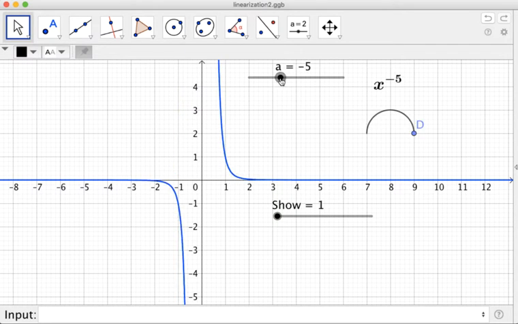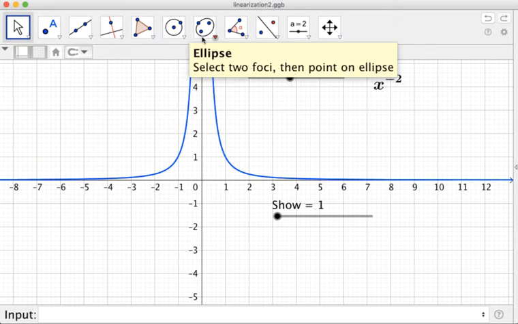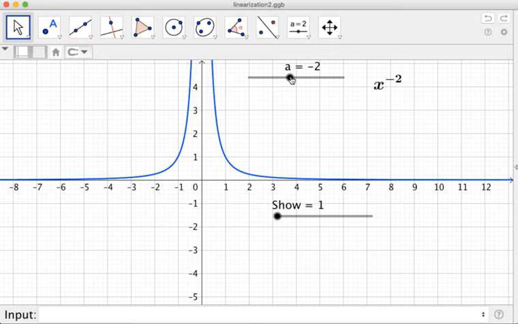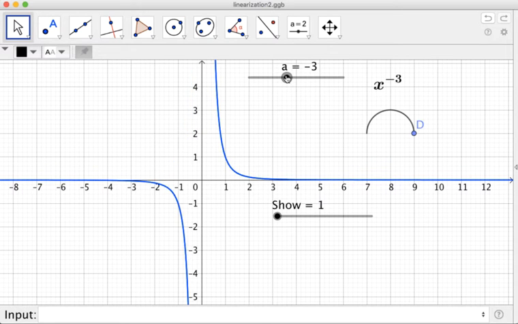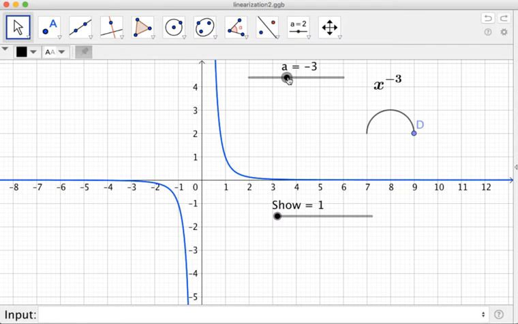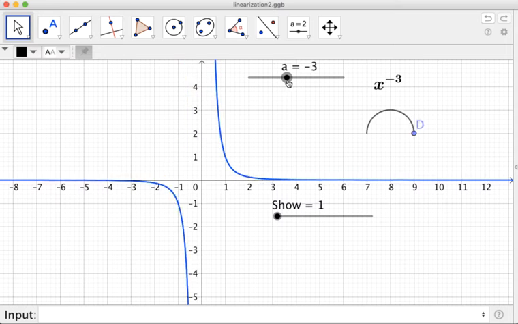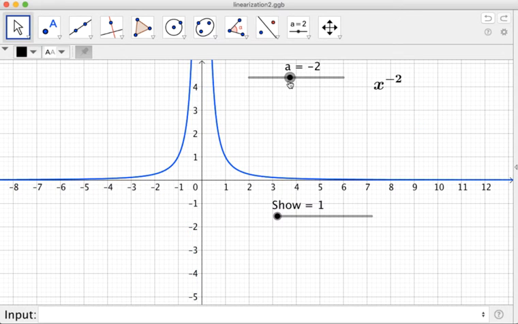Okay, so this basic shape here of x to the -2, this is called the volcano for reasons that I hope you can see. And then we get this thing when we have x to the -1st, x to the -3rd, x to the -5th, etc. And again, we have a discontinuity because when we have x to the -2, that's the equivalent of 1 over x squared, which means that our function is not defined when x is equal to 0.